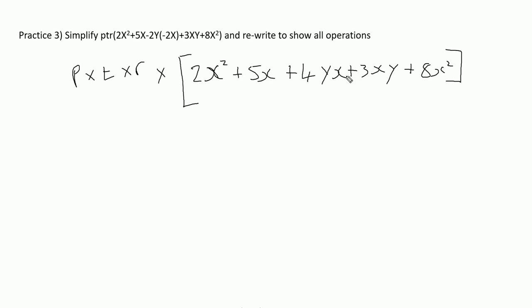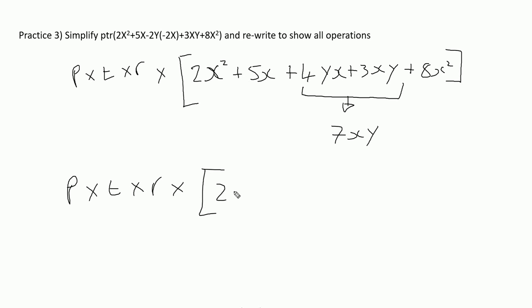So you can simply say that these 2 terms here give you 7xy, just doing 4 plus 3. So now rewriting the entire thing gives me 2x squared plus 5x plus 7xy plus 8x squared.